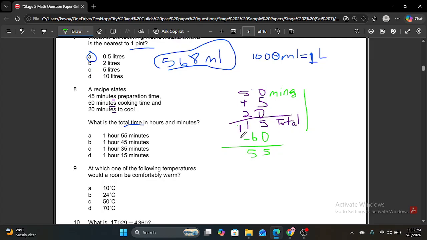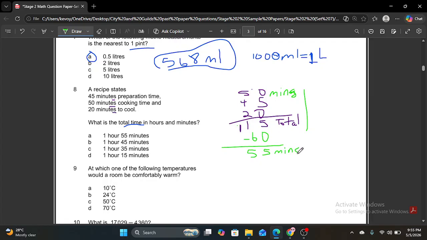So that means that after we take off 60 minutes, which is an hour, we're just left with 55 minutes. So because we're left with 55 minutes, our answer should be 1 hour and 55 minutes.